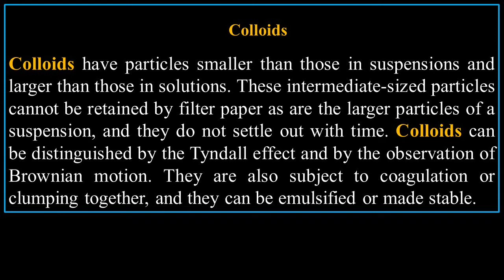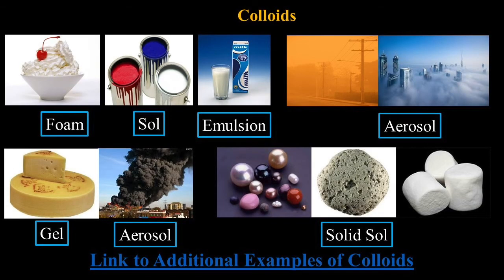Colloids can be distinguished by the Tyndall effect and by the observation of Brownian motion. They are also subject to coagulation, or clumping together, and they can be emulsified or made stable.